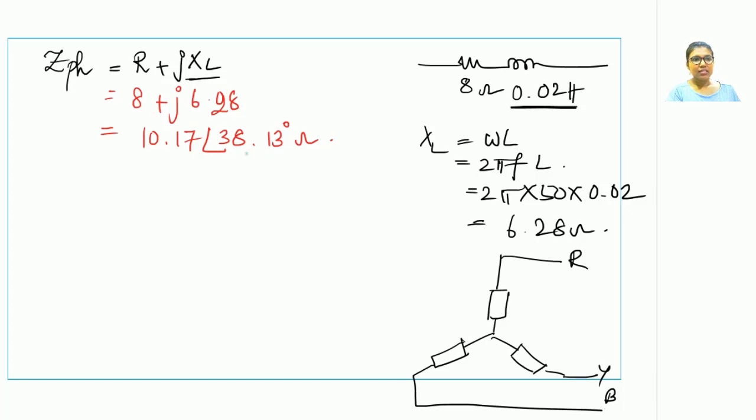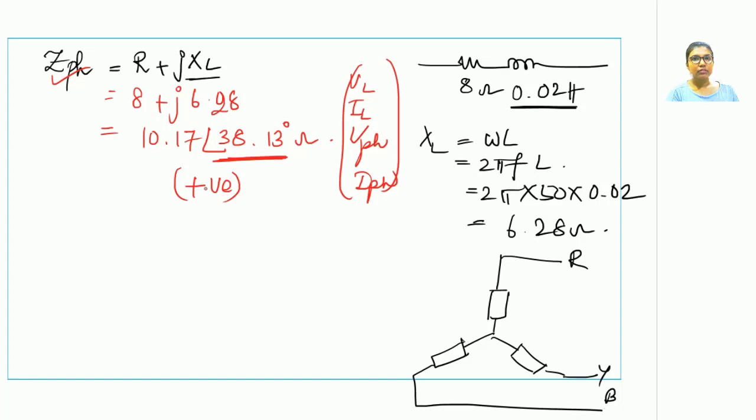This angle is very, very important. For solving the three-phase numericals, we are not going to use the angles with any of the parameters of VL, IL, V phase or I phase. It is only the Z phase which will carry this angle. And what is the angle that is being carried out by the Z phase? It is positive.